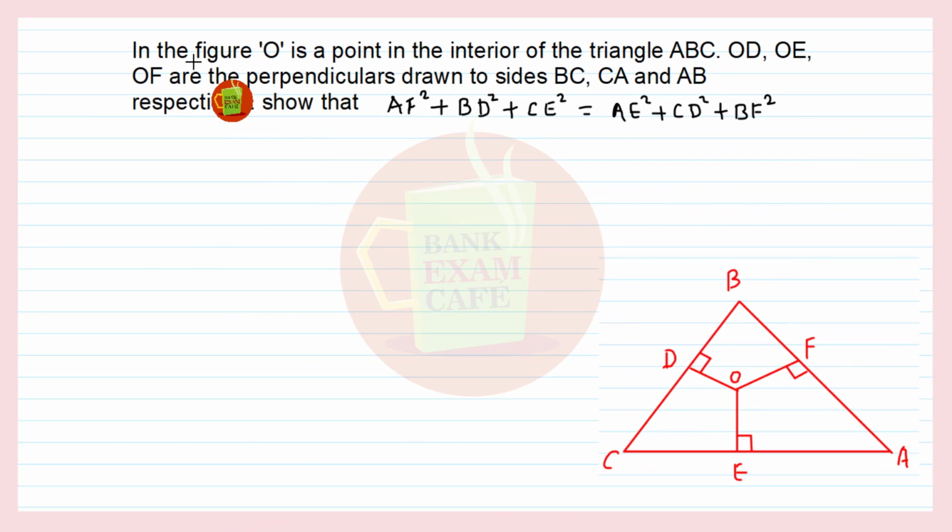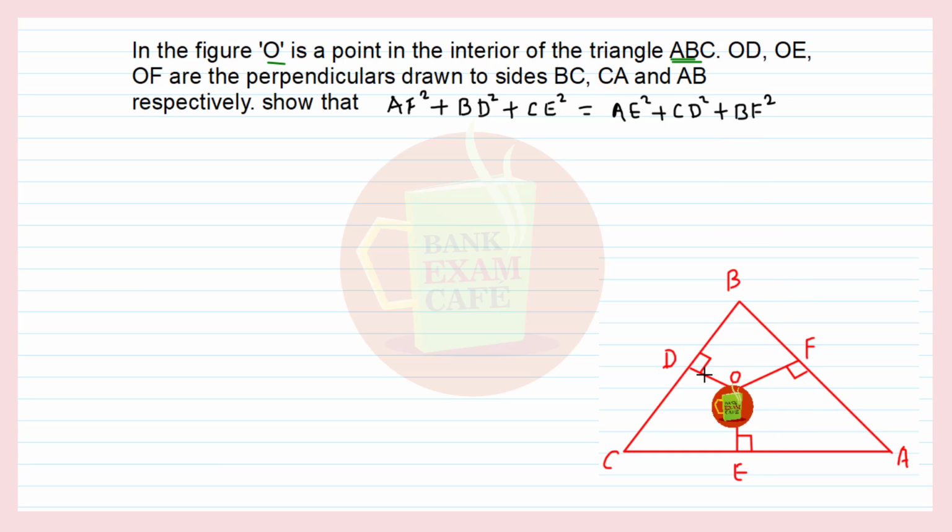Friends, here is a question on the screen. In the figure, O is a point in the interior of the triangle ABC. OD, OE and OF are the perpendiculars drawn to the sides BC, CA and AB.